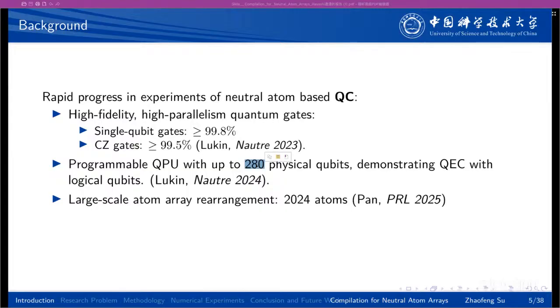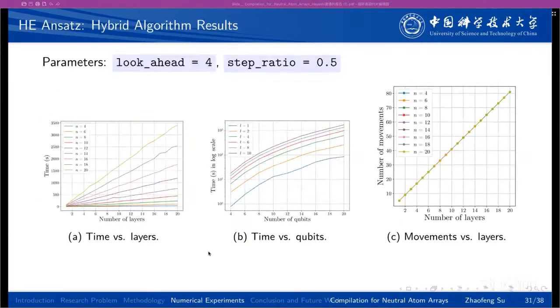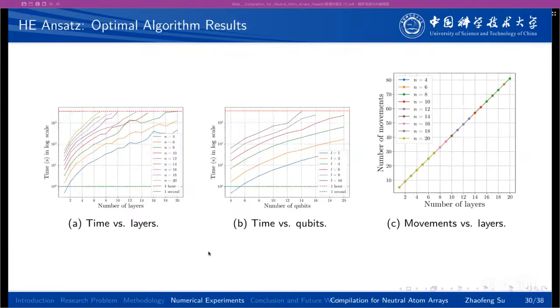I mean, could you show the numerical result? Which one? This one, where n is the number of qubits. This is our numerical simulation, not a real physical experiment.